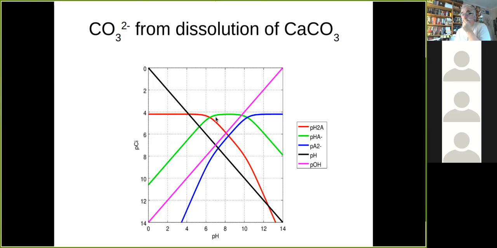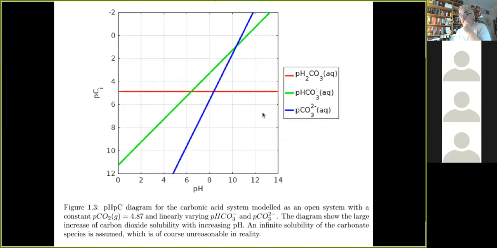Nothing happens with the total concentration, the level here. The different species change, but there is no addition or removal of carbon dioxide in any form, either as carbonic acid, hydrogen carbonate, or carbonate ion. But this is an open system.